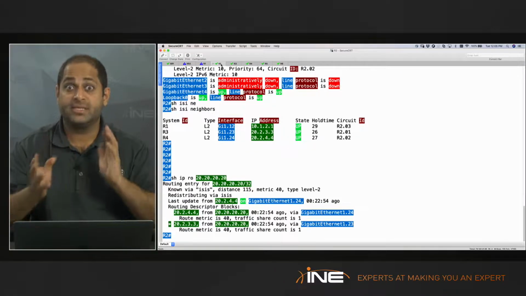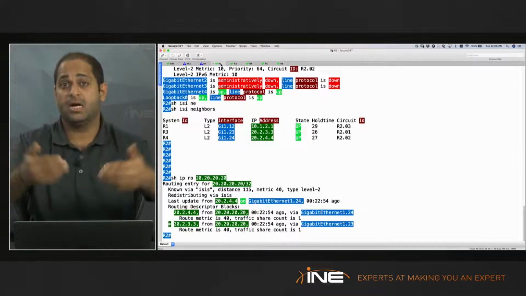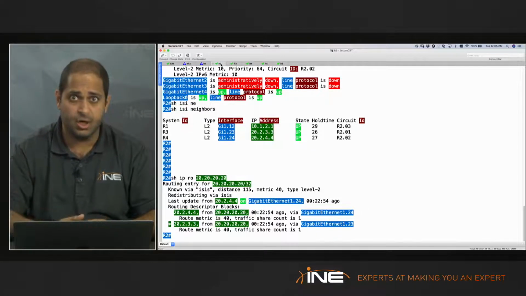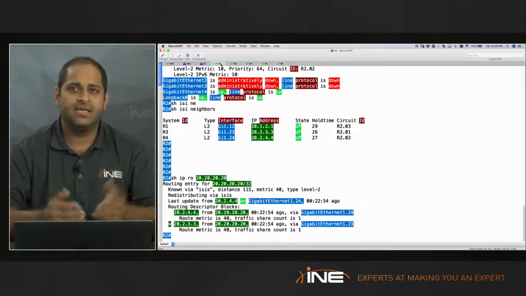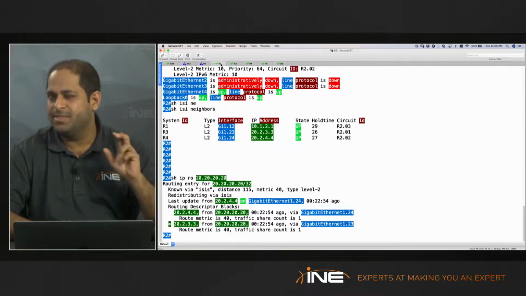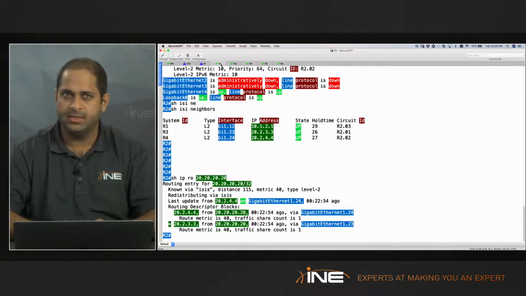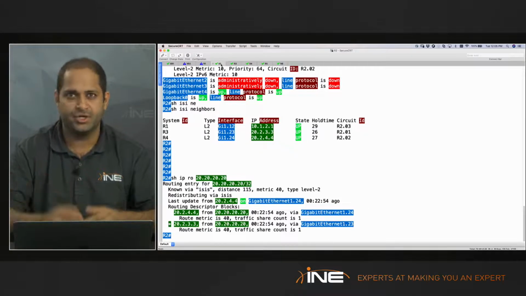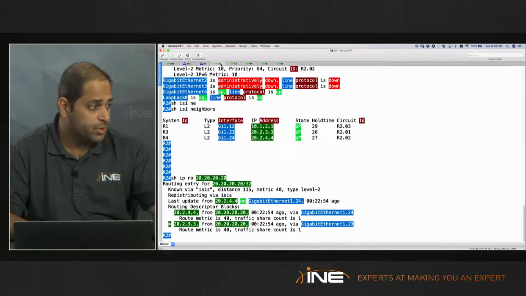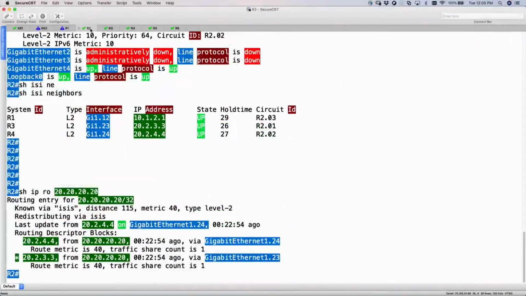If the metrics are the same, if the number of hops are the same, which means my metric is going to be the same by default because each link has a cost of 10, ISIS is going to do a load balance. Obviously, the load balance mechanism is going to be as per CEF, so whether it's based on source or destination, or maybe based on flow, depending on what you've configured. So here I can see that R2 is doing a load balance between R3 and R4.